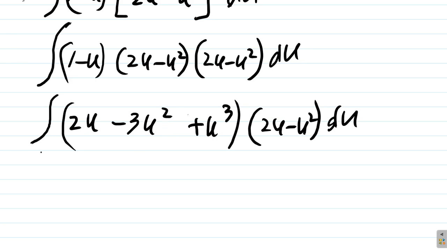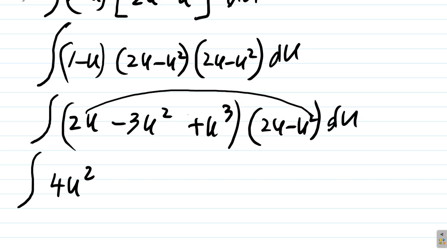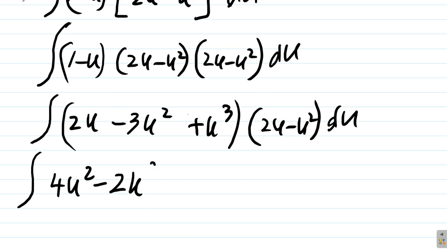Alright. Let's multiply out again. 2u times 2u is going to be 4u squared. 2u times negative u is going to be minus 2u cubed. Negative 3u squared times 2u is minus 6u cubed.